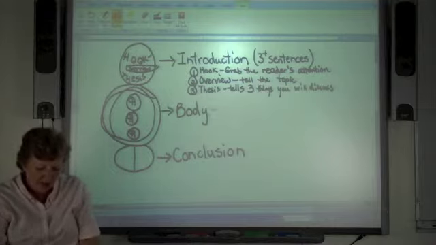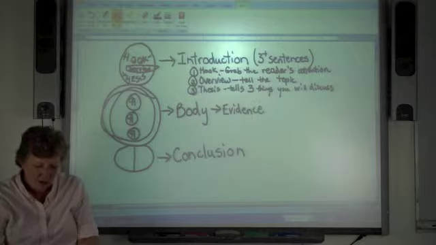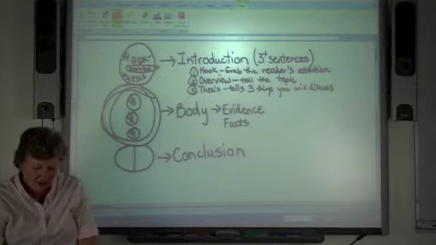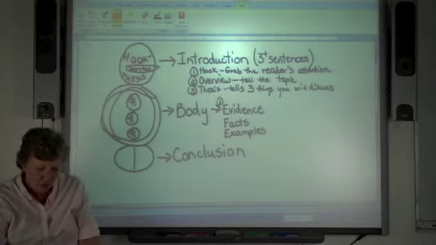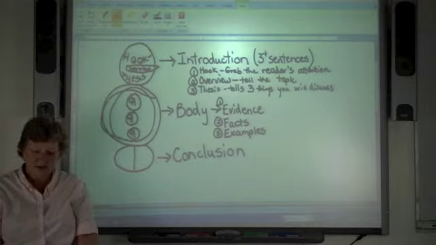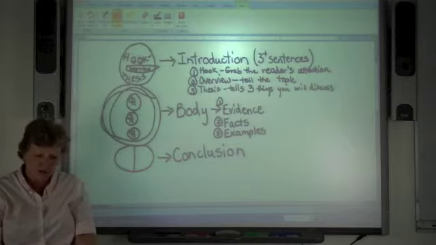So the body is going to be composed of evidence. It's going to have facts. It's going to have examples. And these are the 3 things that you will find in the body. Evidence, facts, examples.